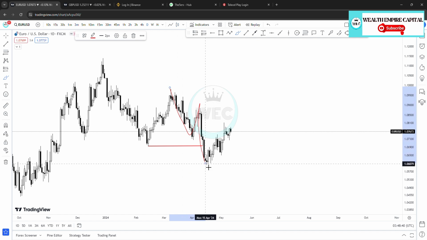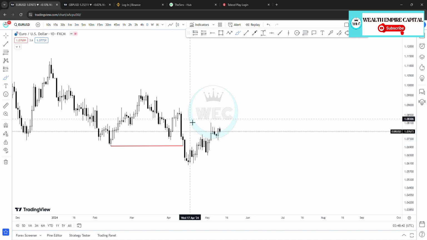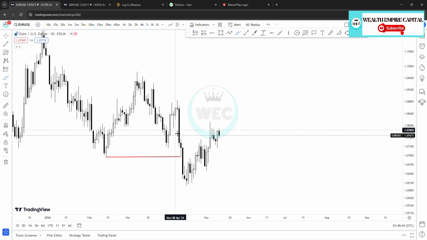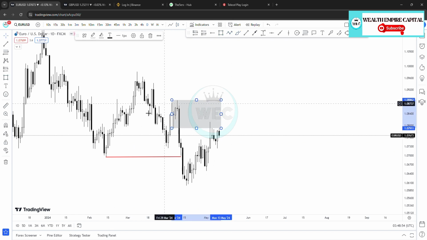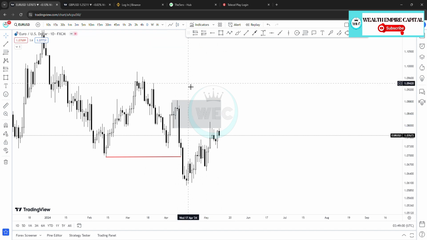If you watch in here, we had price taking out this one, this one, and even this one at the same time, which means that this area in here will be a point of interest. And as you can see, price has tapped into this.